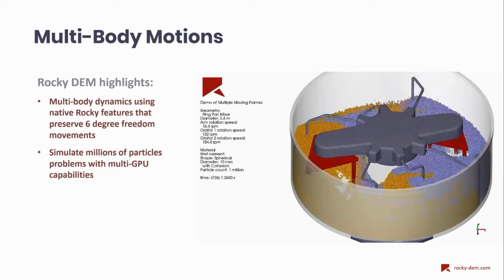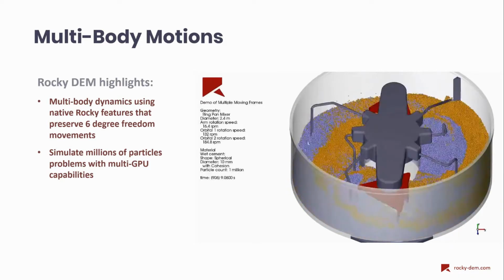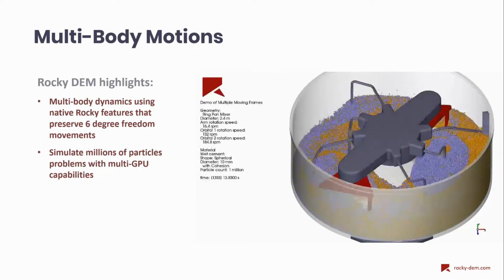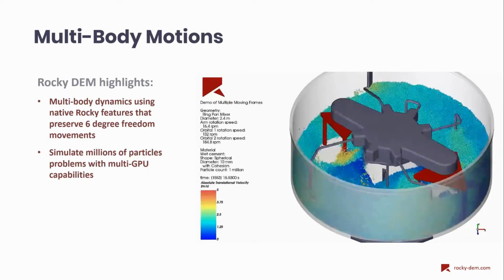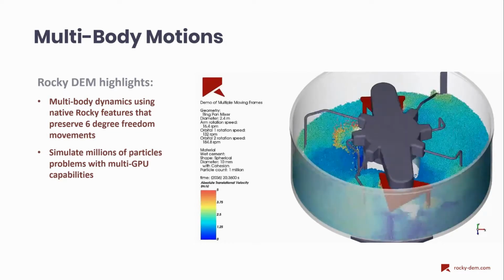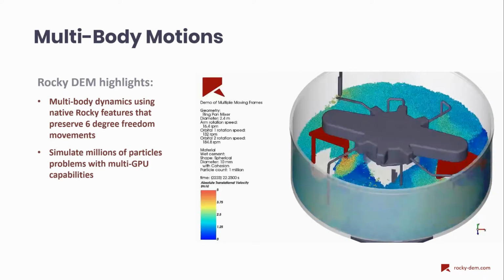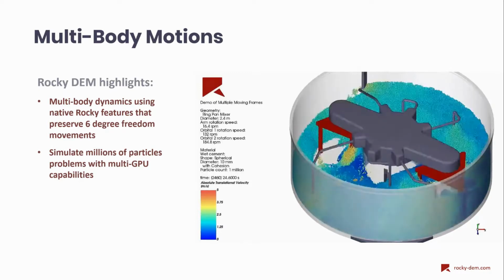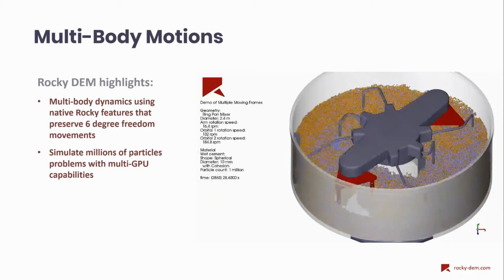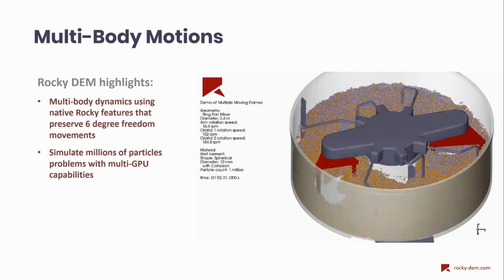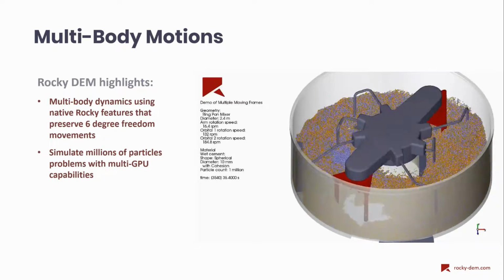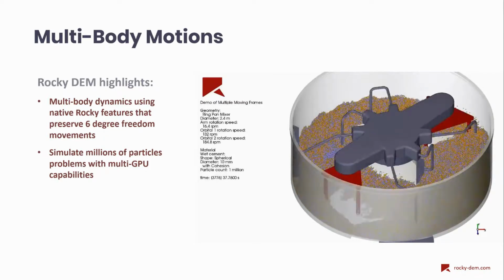So whether you want to prescribe exact movement or have the geometry components move freely in response to outside force, like particles hitting them or as a result of gravity, Rocky can handle all those without any coupling, and all of this can be done natively in Rocky with native movement tools. For example, we have a pan mixer on the right side with nested movement of the body parts that is used for the mixing of the powder.